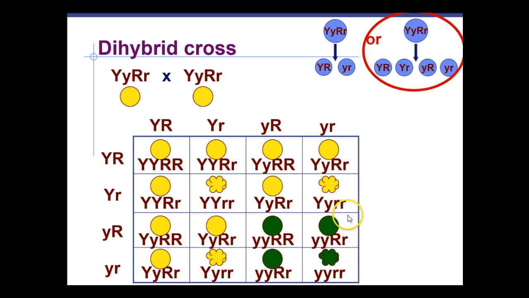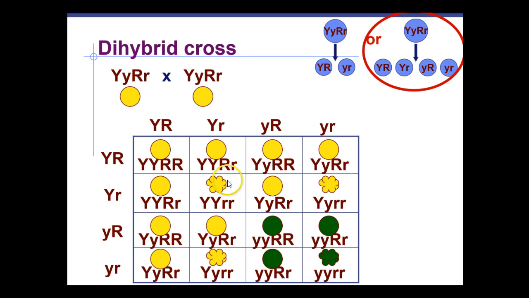So if you count them up for their phenotypic ratios, that's their physical characteristics, there should be 9 that are yellow round, 3 that are yellow wrinkled, 3 that are green round, and just 1 who's green wrinkled.